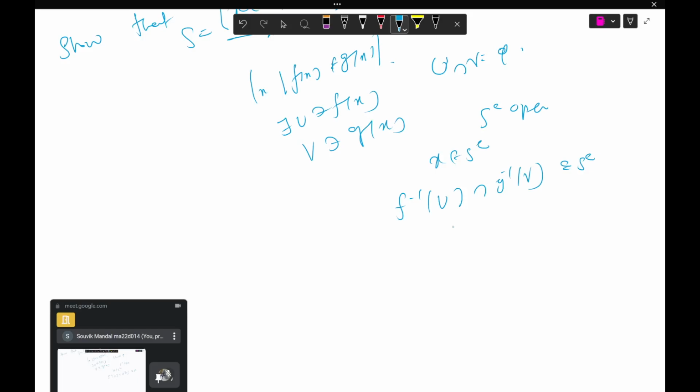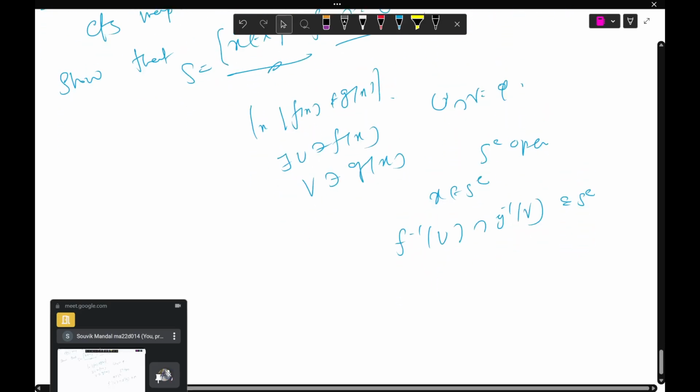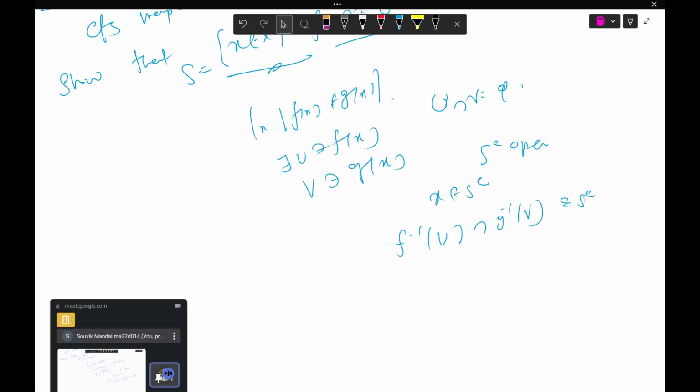Now, I think it is almost obvious that f inverse U intersection g inverse V lies in the S complement, right? Sir, f inverse of U intersection g inverse of V will be an empty set because U and V do not intersect.